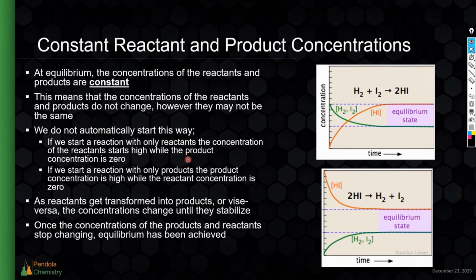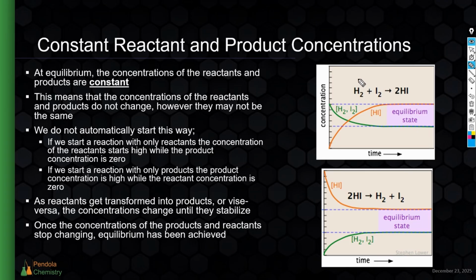We do not automatically start with constant concentrations. For example, let's look at the equation that we were talking about earlier. Hydrogen and iodine creating HI. Well, since this is an equilibrium reaction, if we start with all hydrogen and iodine, so again, going back to the 100%.